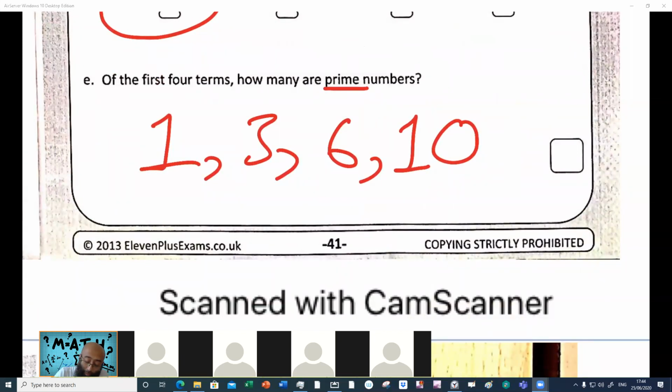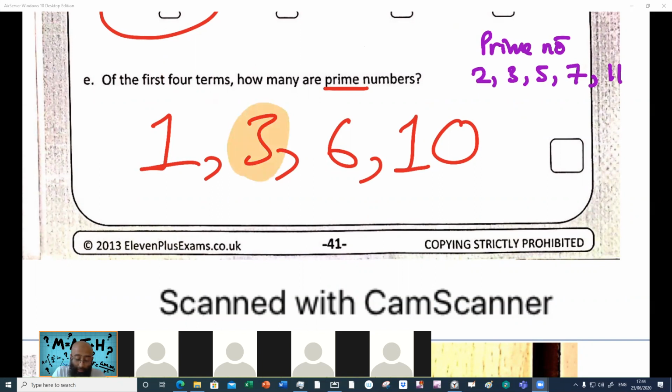What's the first prime number? 2, 3, 5, 7, and 11. Now, which one of those numbers is there? 3. Okay, so how many are there altogether then? Just 1, not 2. Remember the number 1 is not a prime number.